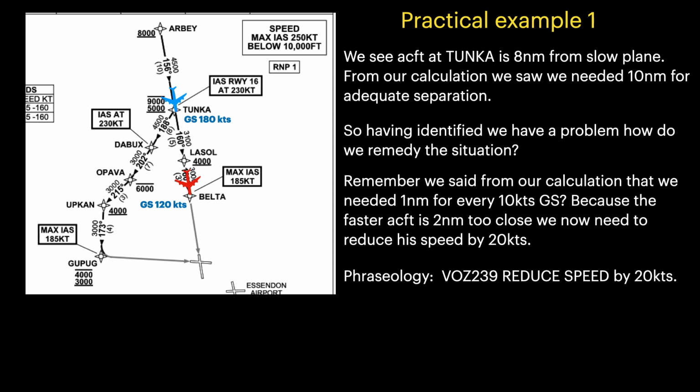By knowing that you could see the ground speed, and that that's the speed you have to reduce the faster aircraft by, you know that you've arrived at a reasonable solution. So that's one particular example.